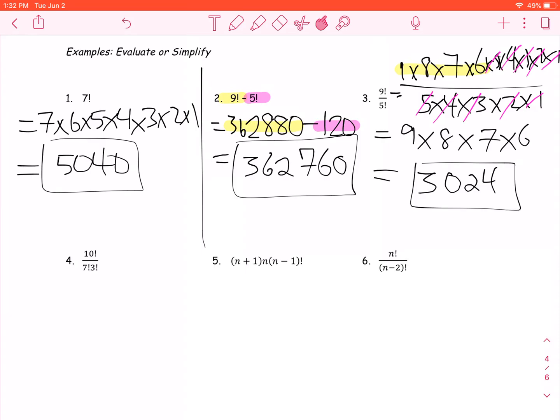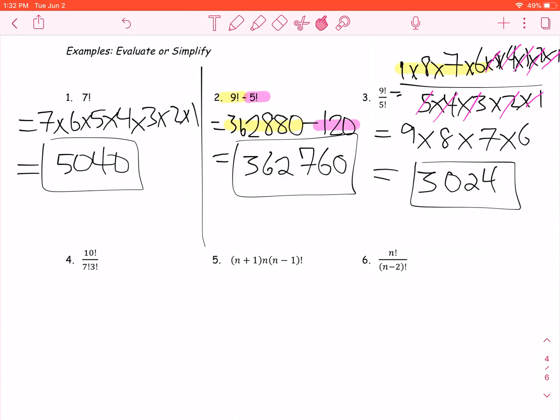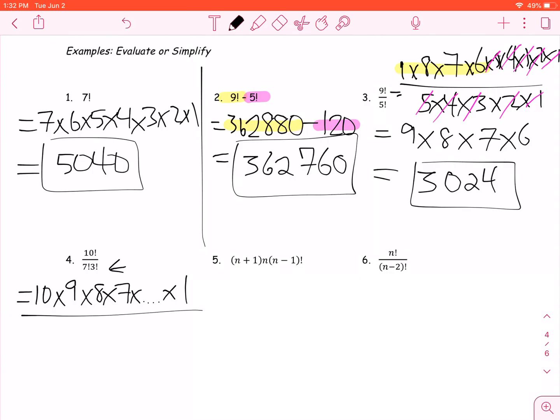Alrighty. Okay, so if we have then a product that's in the denominator. So looking at our denominator, we have 7 factorial times 3 factorial. So again, in the numerator, 10 times 9 times 8 times 7. I'm just going to skip a couple in between because I do need some extra room, but I don't have it.